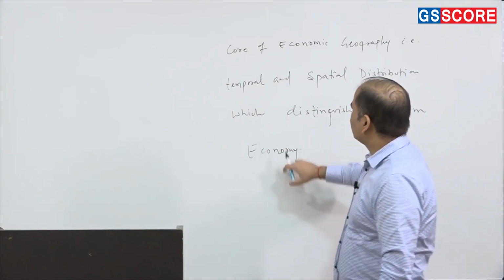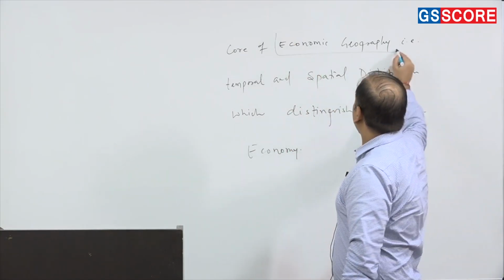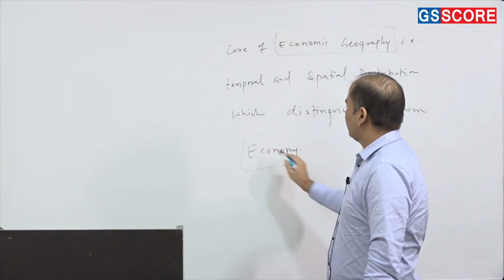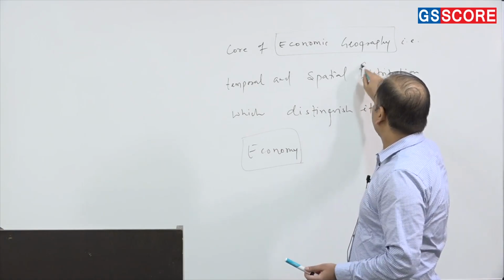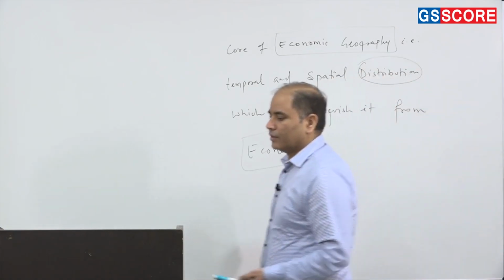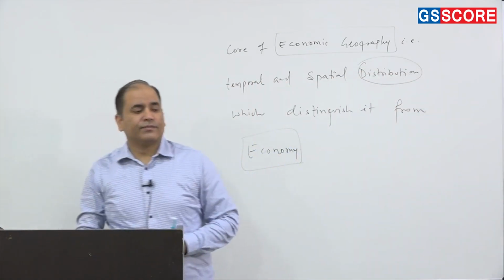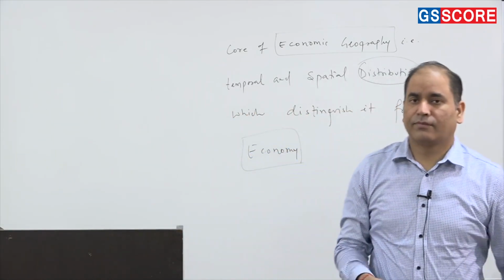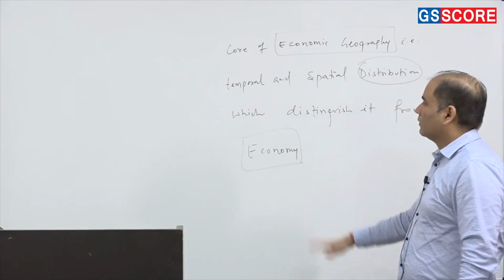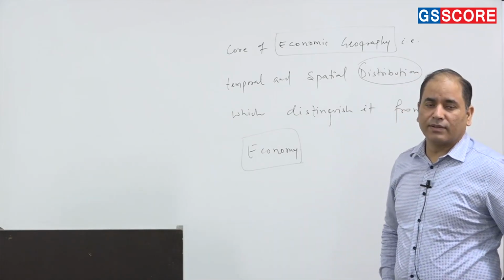So, how is this economic geography different from the economy? Always remember, this is your distribution. The distribution will make the economic geography different. इसके अलावा और कोई मेजर डिफरेंस आपको नहीं मिलेगा.